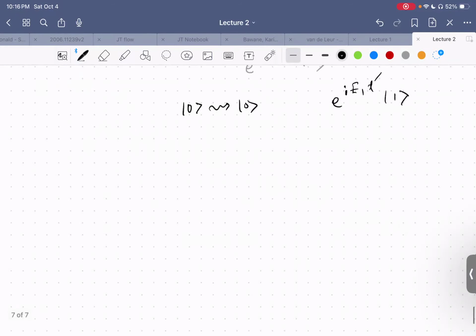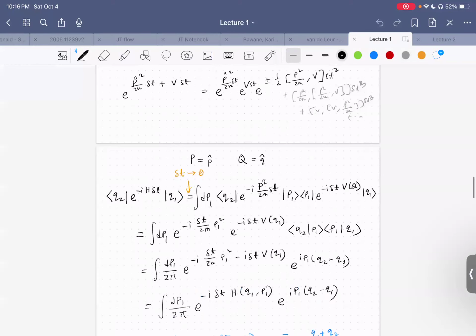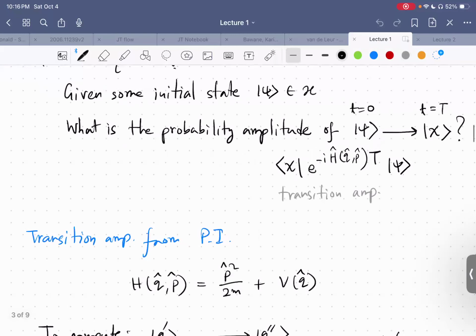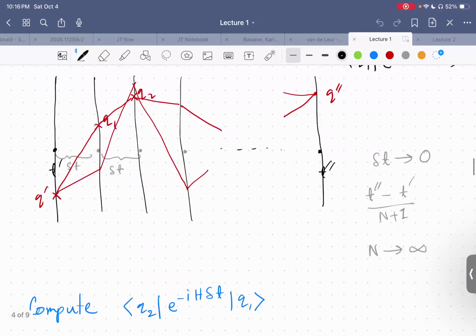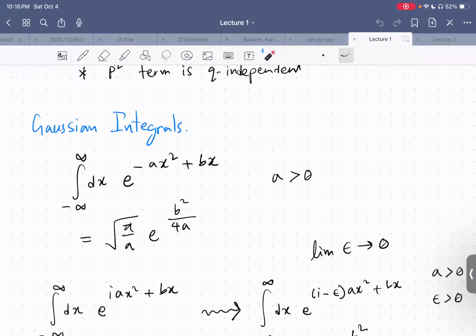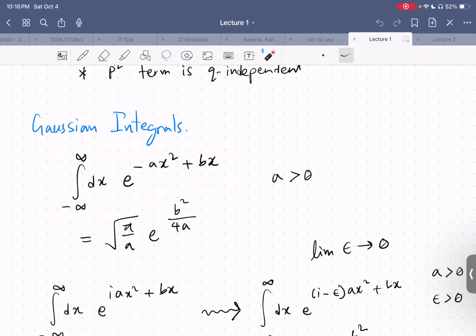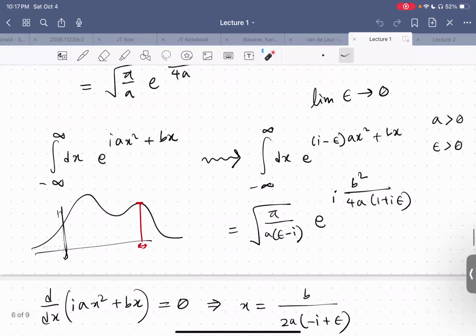But now recall that yesterday we talked about Gaussian integrations, right? Actually, I have the lecture from yesterday, so let me go back. This is the kind of integrals that we discussed yesterday, the Gaussian integration for a single variable. As long as a is positive, this integration converges and we get some simple numbers. But we also discussed integrations where there was an I in front of this real number.